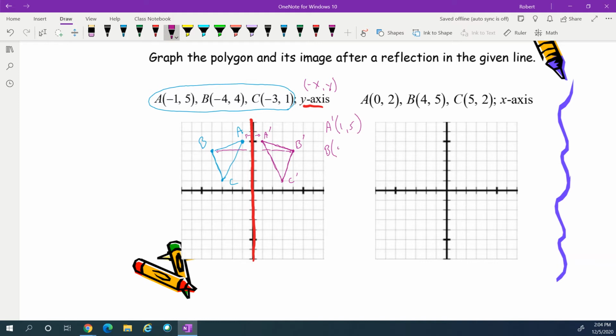So negative 4 becomes 4. Keep the y. C prime, negative 3 becomes 3. Keep the y. So we can write it out. In fact, we will be asked to write it out. But we can literally do this just by counting.